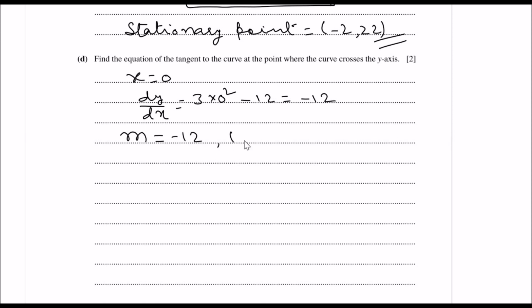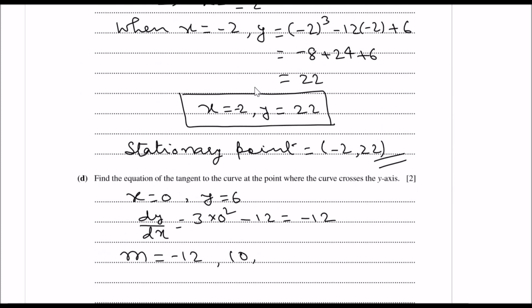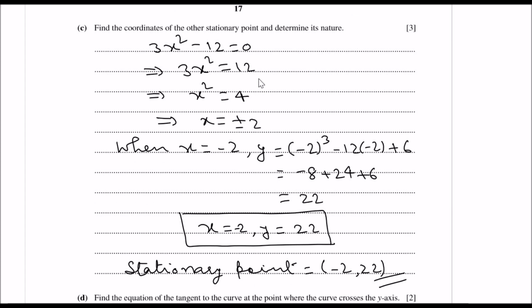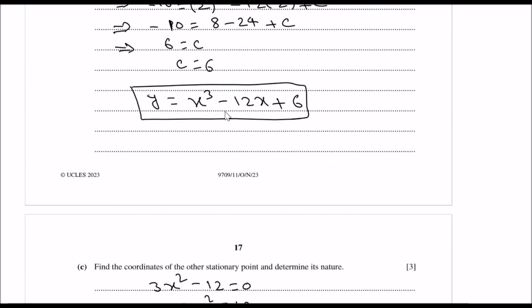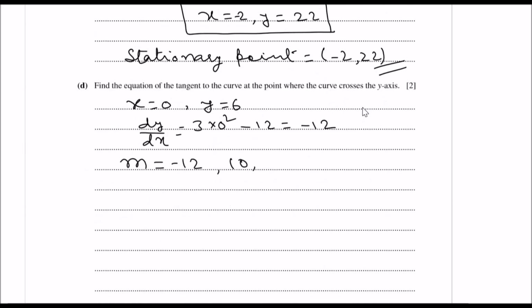And the point is 0. When x equal to 0, you can find y. So y will be equal to 6. Okay, we are finding from this, right? x equal to 0, then y equal to 6.